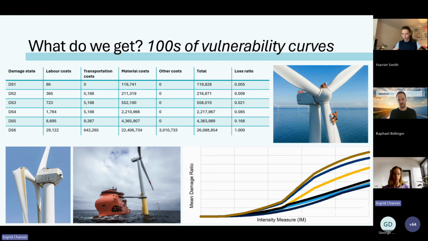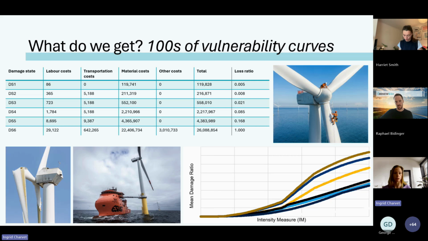So we consider and research separately labor costs, transportation costs, material costs, and other costs. So again, leveraging on Yorgos's point earlier, MOB and DMOD will be a huge cost, which needs to be considered separately from the other costs, and is something that maybe wouldn't be so much of a consideration in a more classic onshore property model.